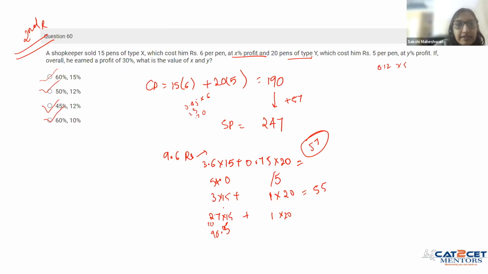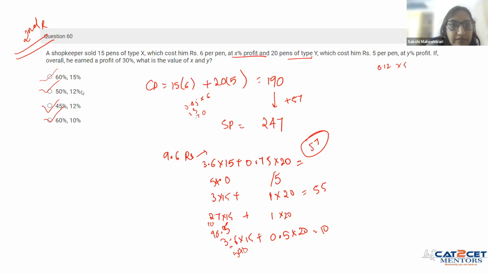Then 60 and 10, if we do, we get 3.6 into 15 and 0.5 into 20. So this is 10, this is 54. Did we make a mistake in any of this? Did we do the calculations correctly? B will work. 3 into 15.